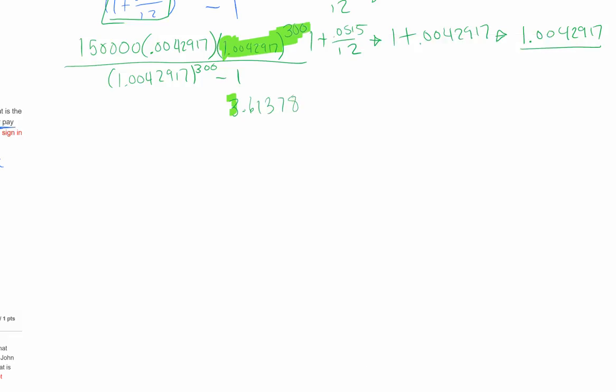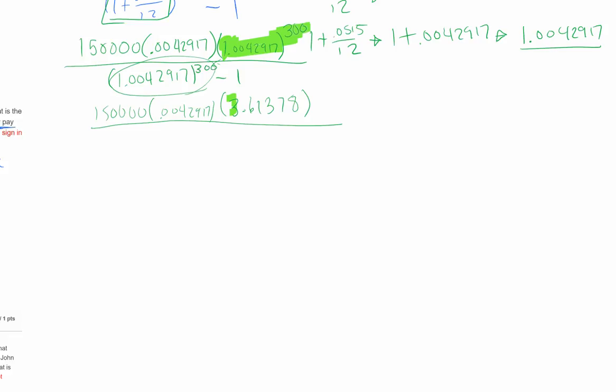And I just like to keep as many of the decimals as possible, but not too many. So then we have still the 0.004297, and then the 150,000. And then now we actually know that these two things are equivalent.